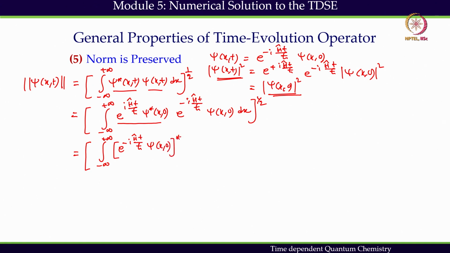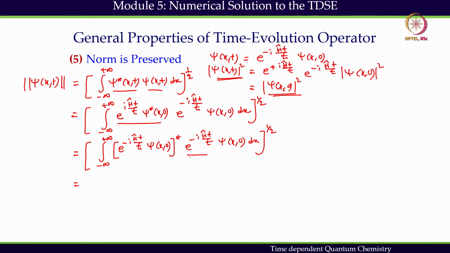The entire thing I have clubbed together and placed under this star, which means that the entire thing has to be the complex conjugate of this term, and the remaining part I am keeping here, e to the power minus i H t by h cut psi x 0 dx to the power half. This I can write down because I can take the adjoint.